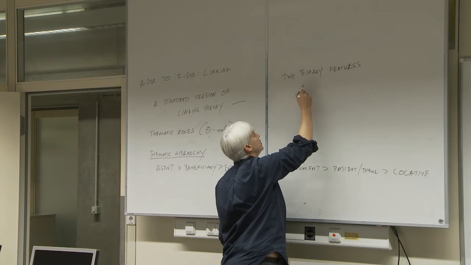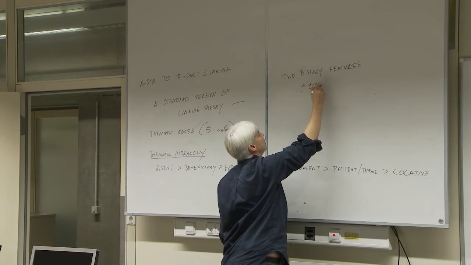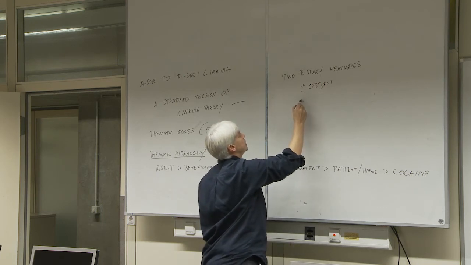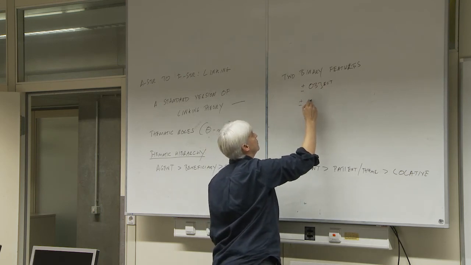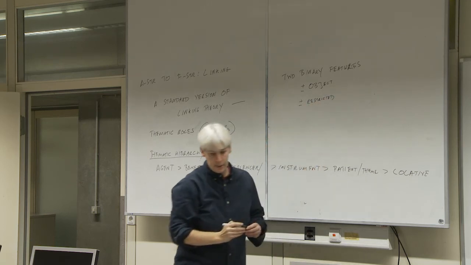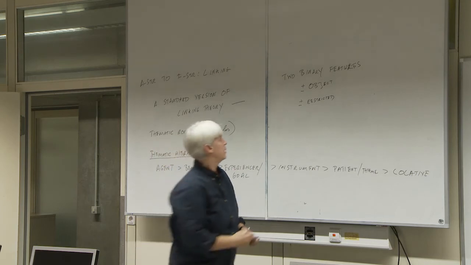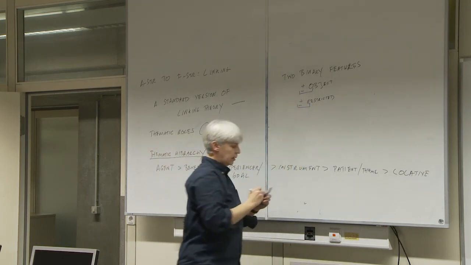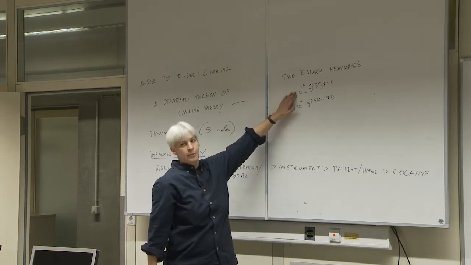One is plus and minus object. And the other one is plus and minus restricted. Okay, and they're usually abbreviated as plus and minus O and plus and minus R. Plus and minus object is self-explanatory.